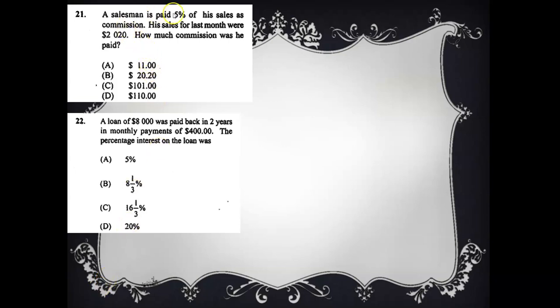We know that 10% of a number that ends with 0 means that you just drop the 0. So 10% of 2020 would be $202. But we want 5% of that, so that's half of 10%. So half of $202, easily $101, right?